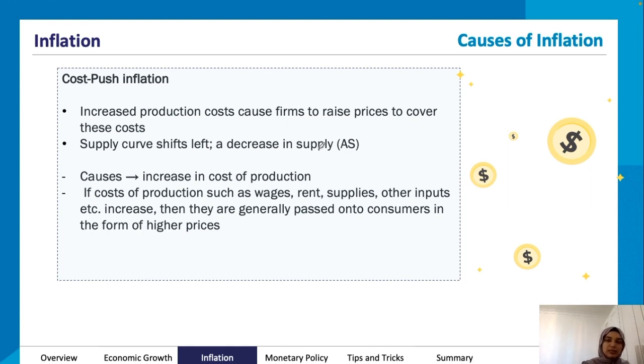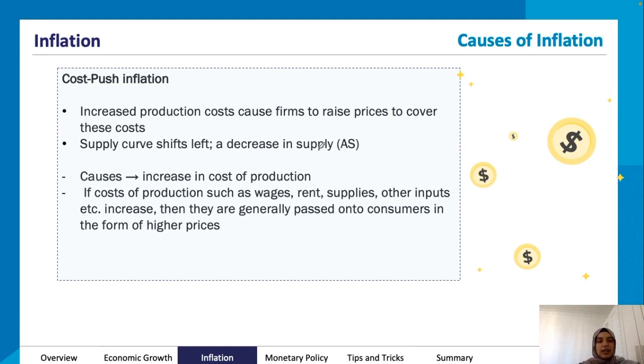If I'm normally selling my cake for $40, I will now sell it for $42 or $43 to account for that increase in cost. So when a consumer comes to buy the cake, they're now paying more because the general price of the good has increased. And so that is inflation. That is what cost push inflation is.